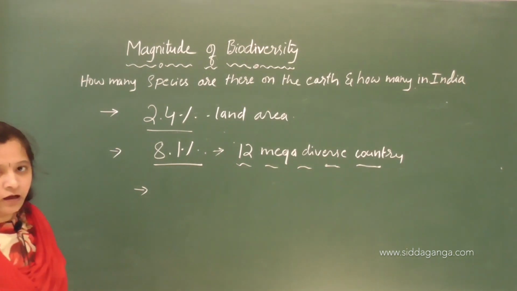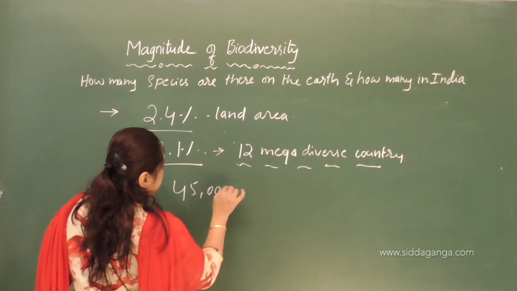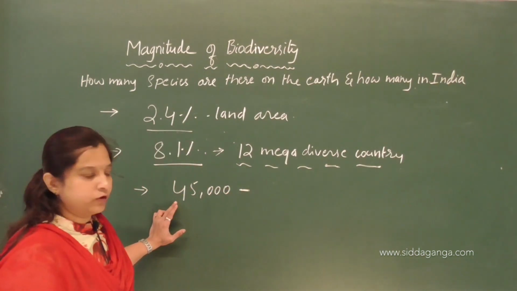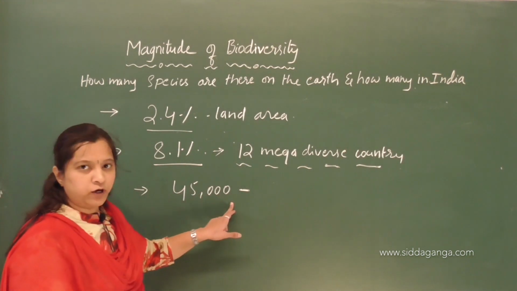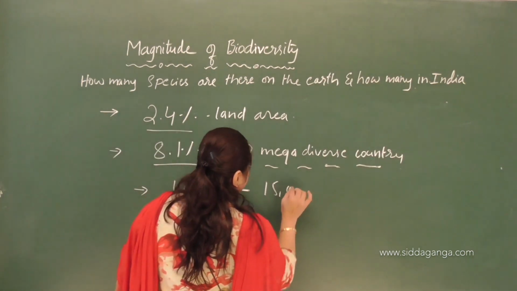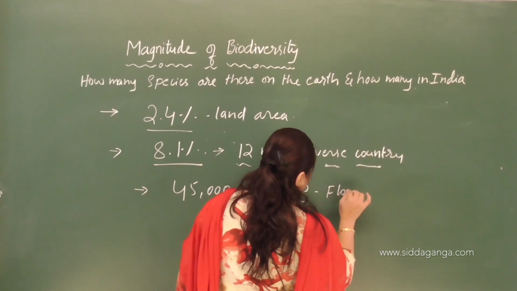In India there are more than 45,000 species of plants.